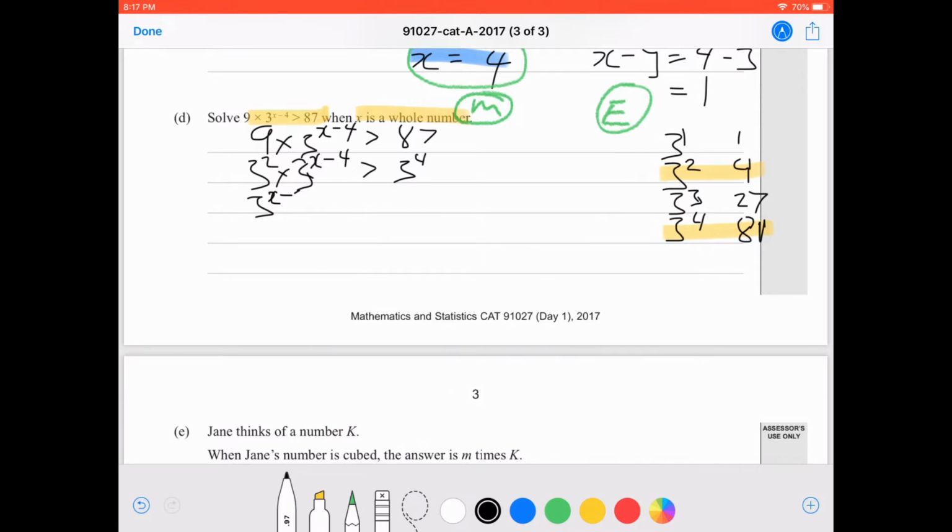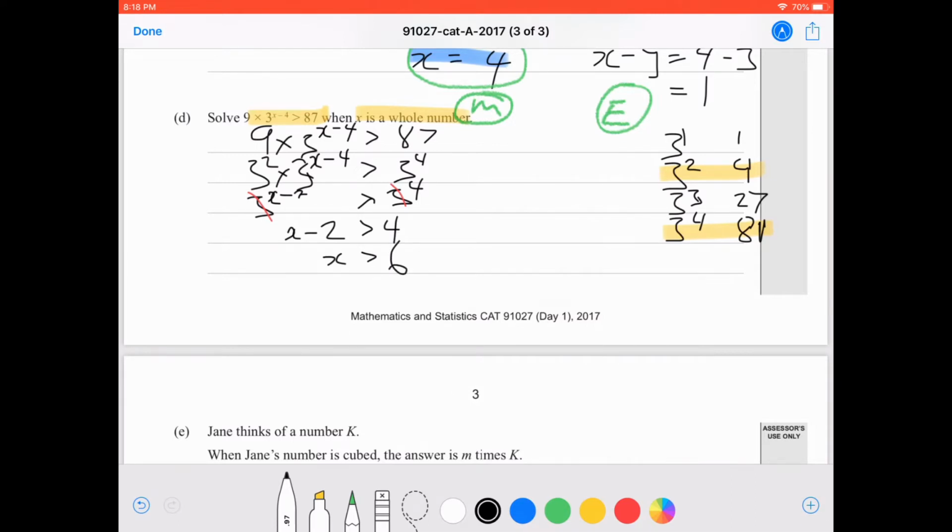And another one of our power rules, we know when the bases are the same, we can equate our powers. We can cancel the 3's, and we say x minus 2 is greater than 4. Okay, rearranging, x is greater than 6 here.